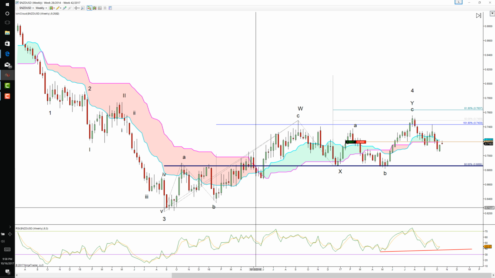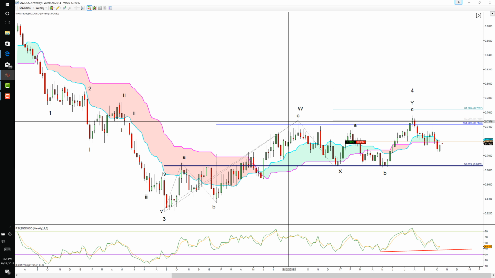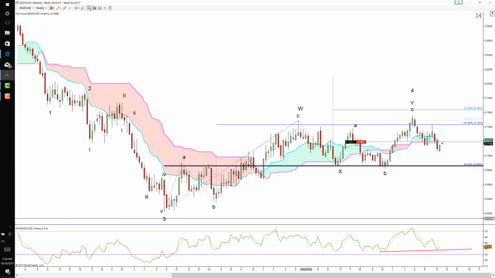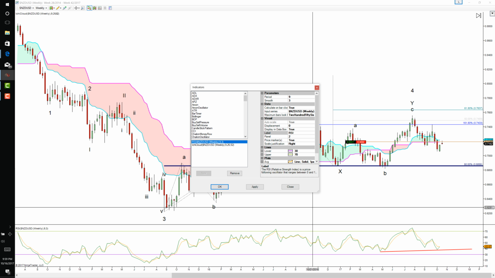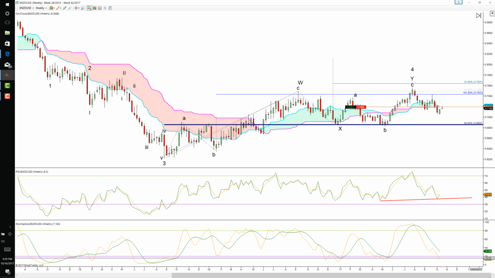But on a long-term time frame, I actually do a lot better on weeklies and dailies with stochastics than I do with RSIs. And if you notice with the stochastic right now, let's see. It appears like it's oversold.